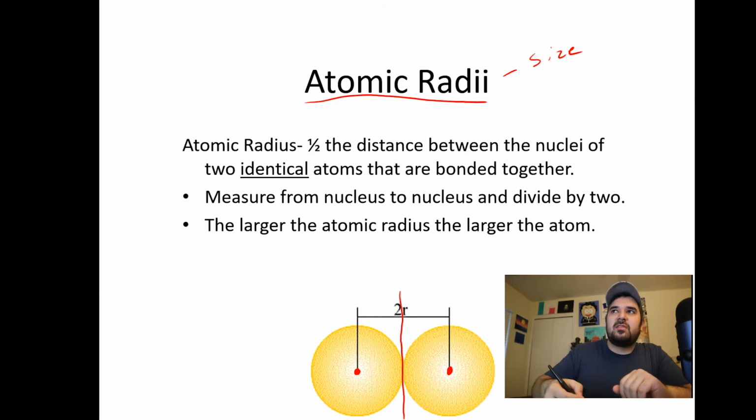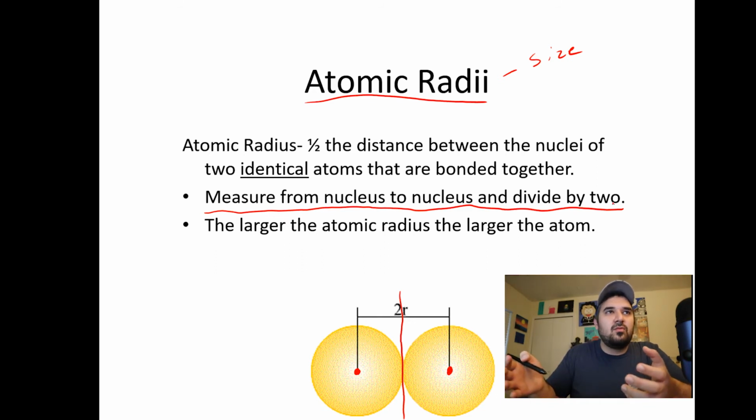So how do we measure the atomic radii? You need to know this. You will be asked on the test. It's the measure from nucleus to nucleus divided by 2. It's good to know what I just explained, because it's not going to be worded this way on the test. It's going to ask something like, how is the atomic radii determined?